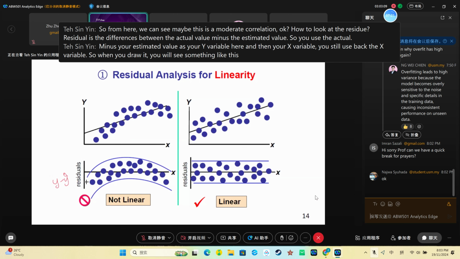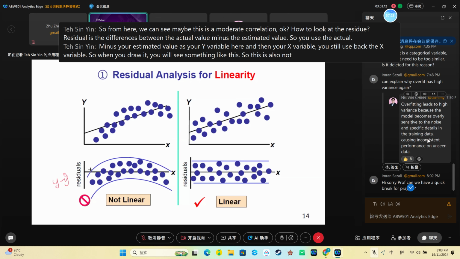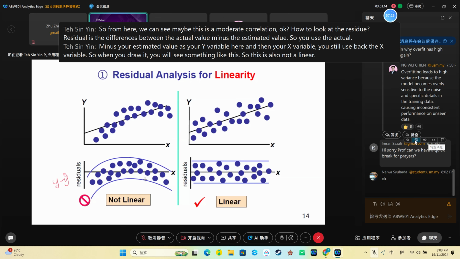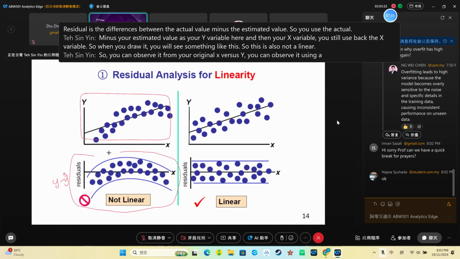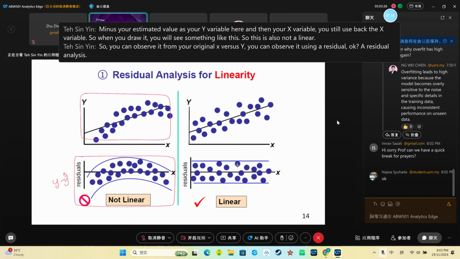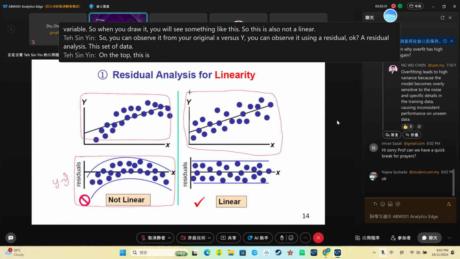When you draw it, you will see something like this. So this is also not a linear trend. You can observe it from your original X versus Y, or you can observe it using a residual analysis. This set of data on the top is the original data set.